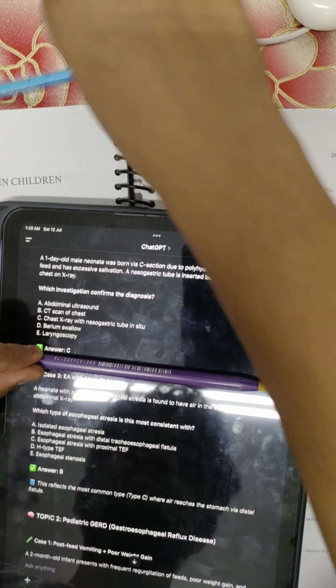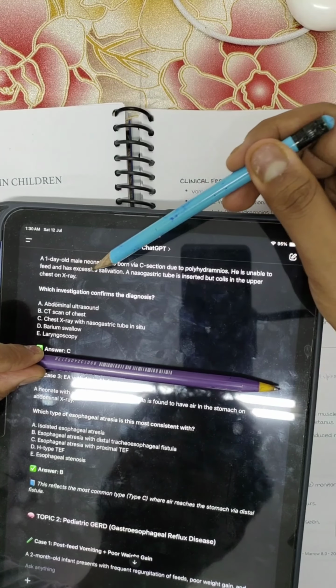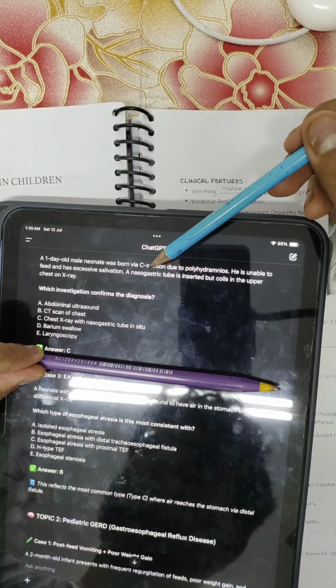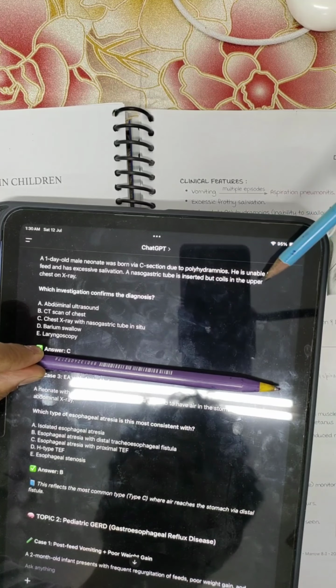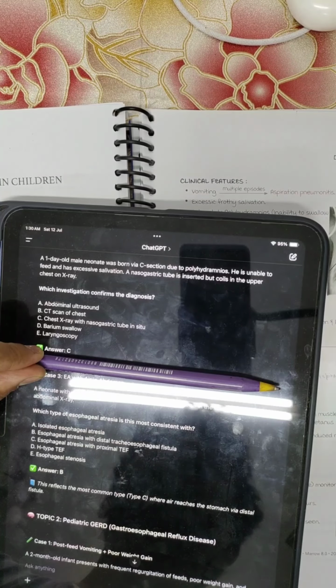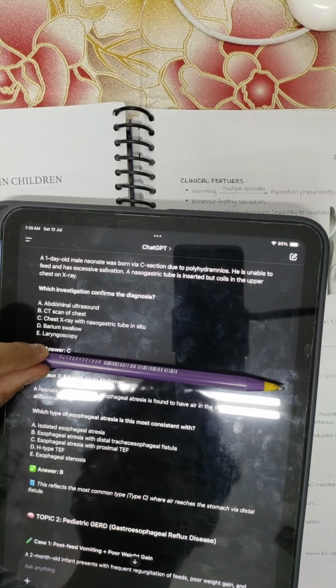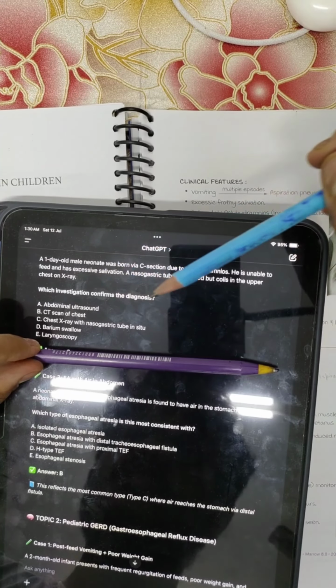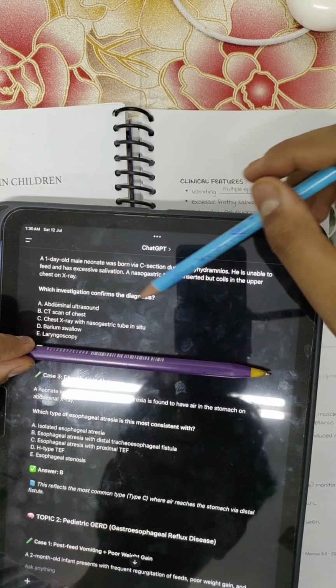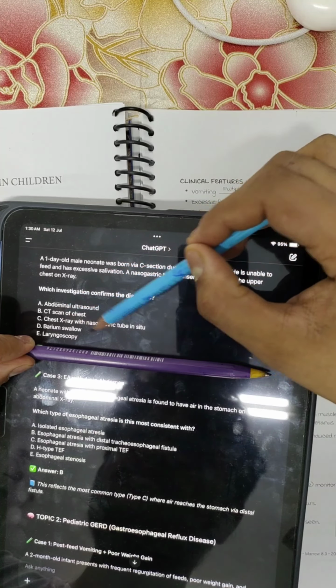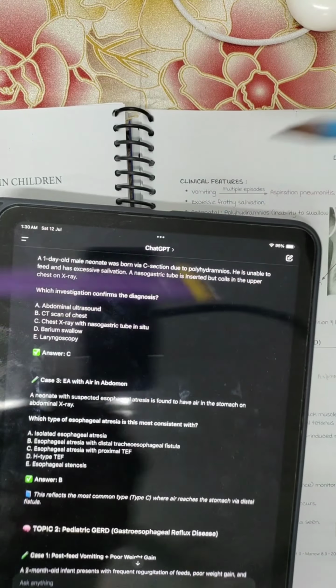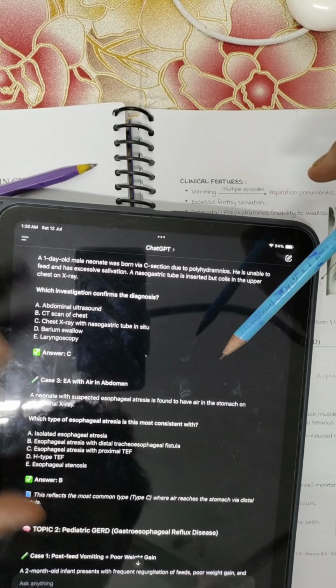Now unable to feed and has excessive salivation. The nasogastric tube is inserted but coils in the upper chest on X-ray. So what investigation confirms this diagnosis? The last line obviously makes it sure. Chest X-ray with the nasogastric tube in situ is the obvious answer.